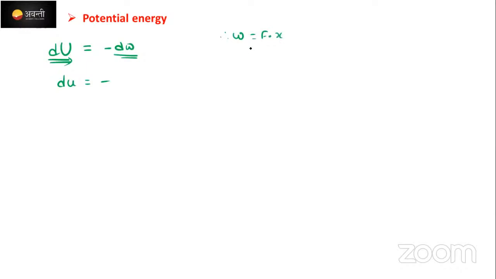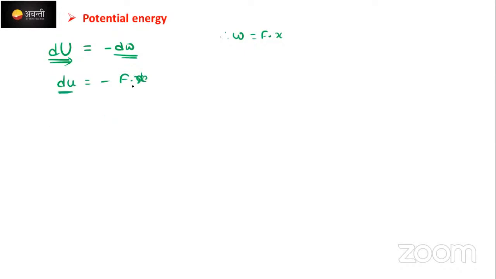In a similar way, dW means F into dx. Okay, this is a small amount of energy.